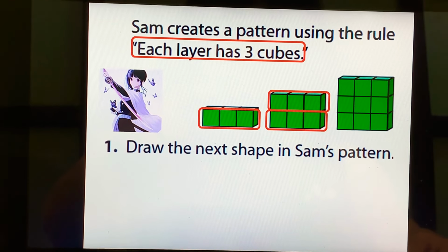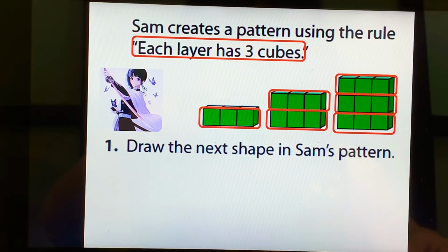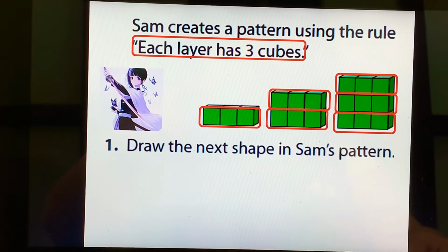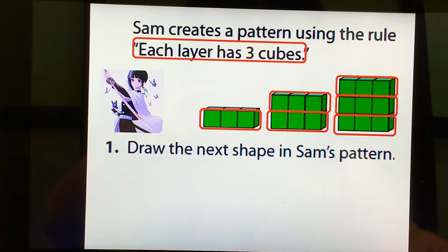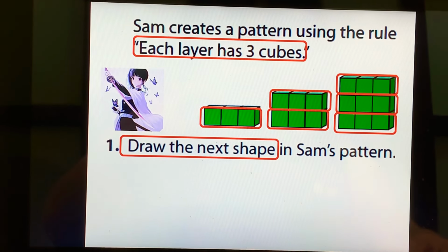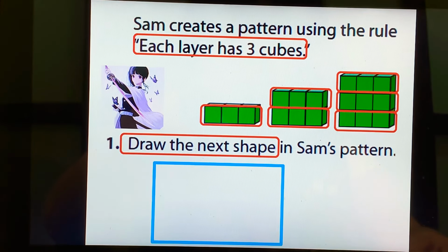Next shape. And the next shape. And what will the next shape look like? 前面这3个，那第4个会长怎样呢？把它画出来哦。Let's move on.